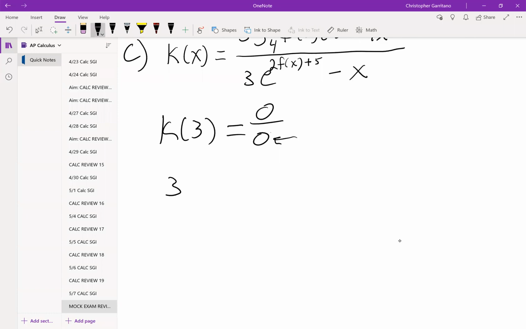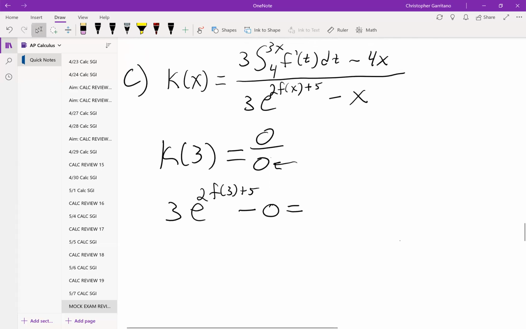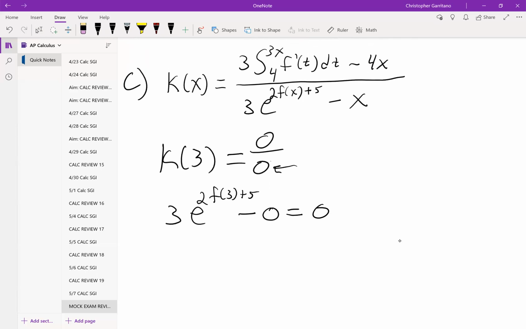So we have the expression 3 times e to the 2 times f of 3 plus 5, minus 3, is equal to 0. I said minus 0, but I meant minus 3, because I'm substituting 3 in for x. So we have this equation.